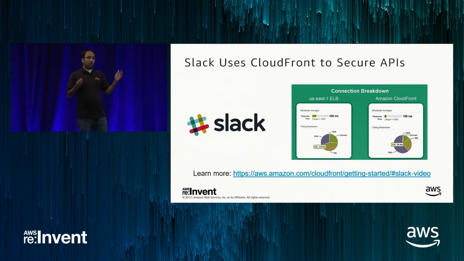And even though all the requests are being proxied as is back to their ELBs, traffic from CloudFront edge locations to the ELBs went over mostly the AWS backbone network. That means Slack was able to get the benefits of the stable connections and more reliable network, giving them the improved response times. You can learn more about this case study and how Slack went about implementing CloudFront in front of the ELBs in this case study on our website.